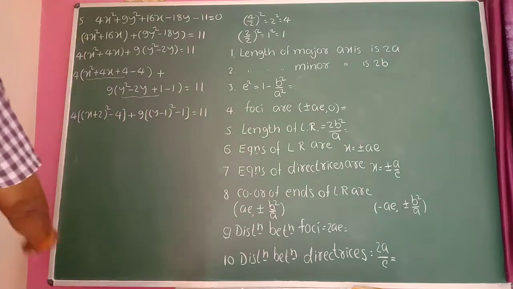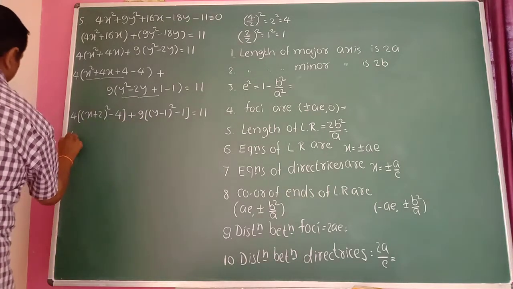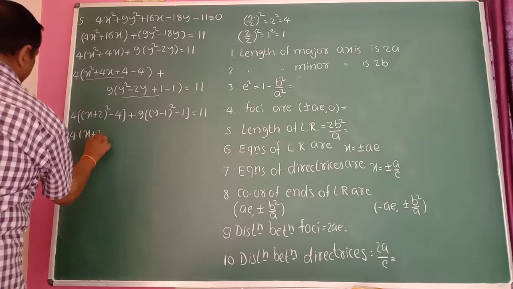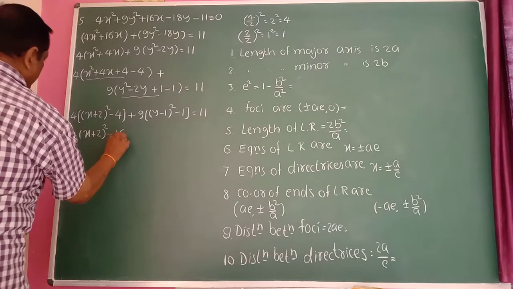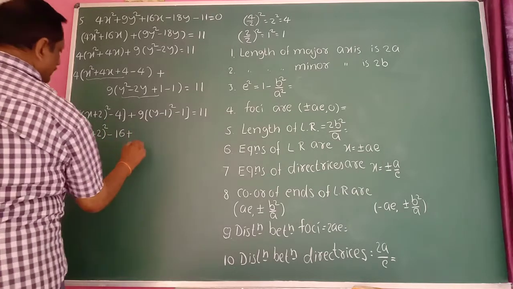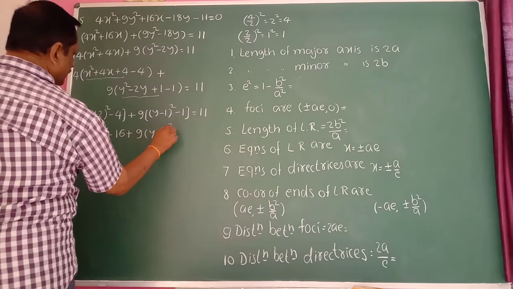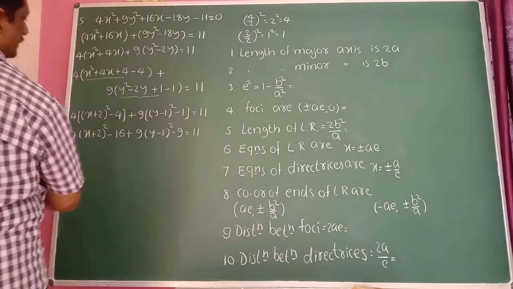Then take this 4 inside and 9 inside. So 4 into x plus 2 whole square minus 4 4s are 16, then plus 9 into y minus 1 whole square minus 9 is equal to 11.